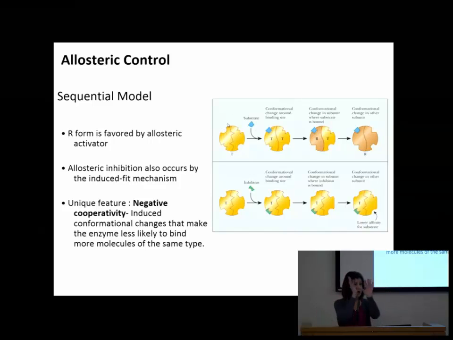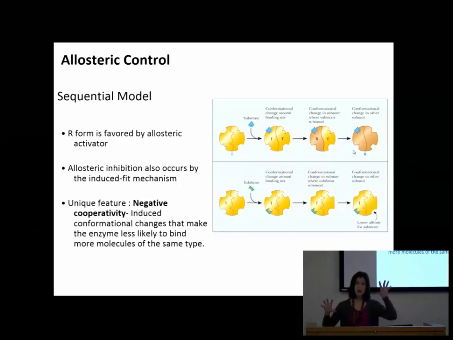By the induced fit, it fits in there, it changes this side to relaxed. And once this side's relaxed, it changed that conformation, it's going to change the other one. So it's sequential, not an equilibrium between all taut and all relaxed, but that we are actually binding to the taut.